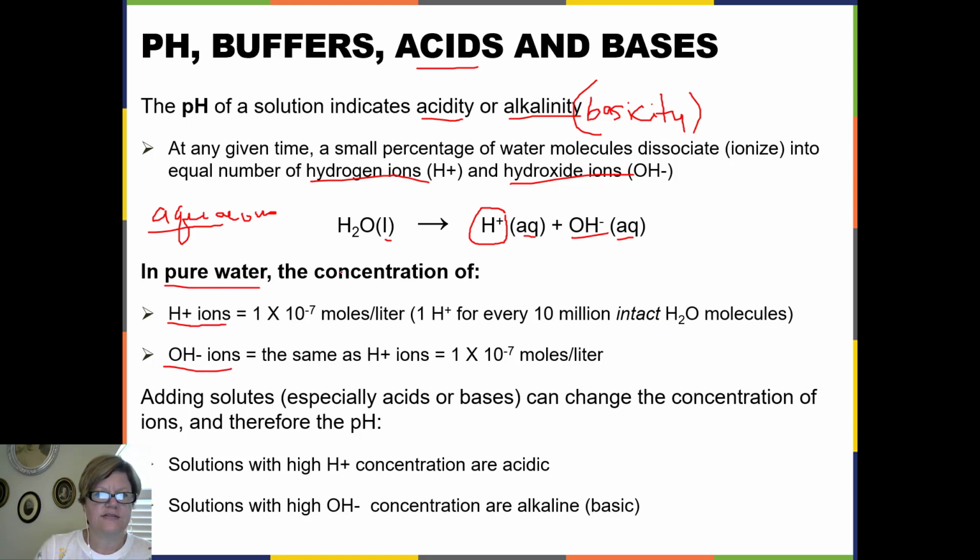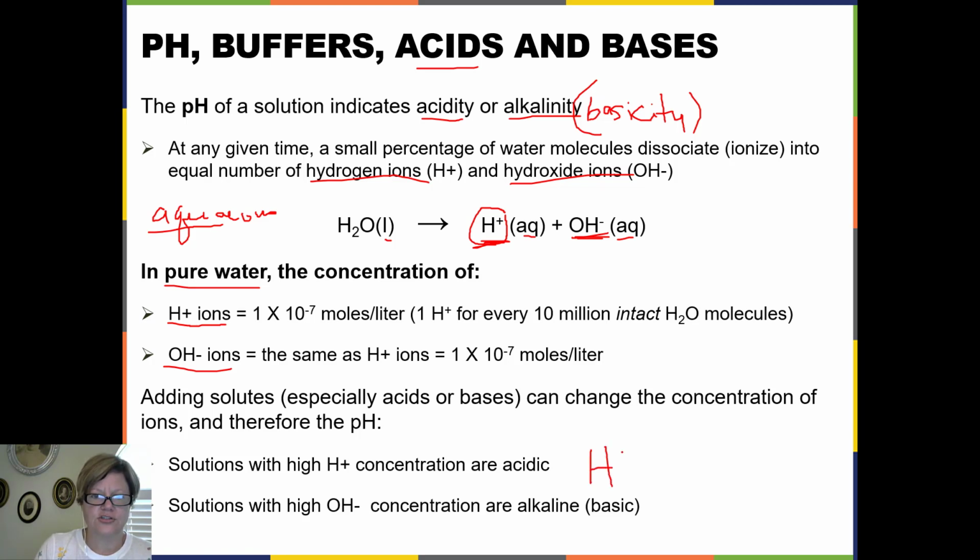The hydroxide ion concentration, I think you can tell, would be the same, because for every hydrogen ion that forms from 1 broken up water molecule, you'll have 1 hydroxide ion. So what we're saying is these are very, very tiny amounts in any amount of pure water. But you can add things to pure water. You can add just hydrogen ions.